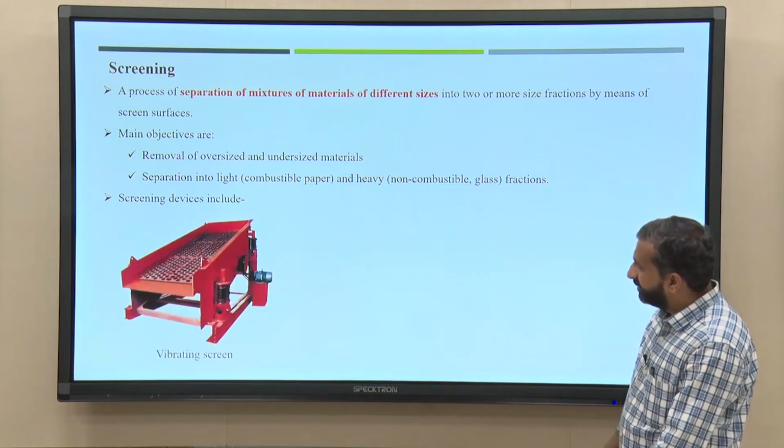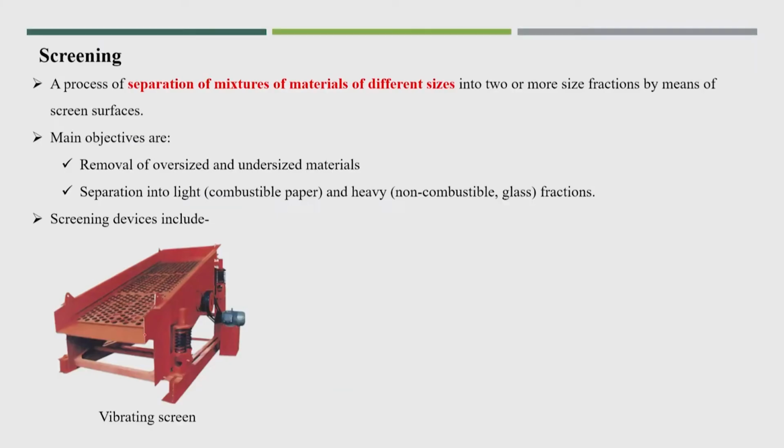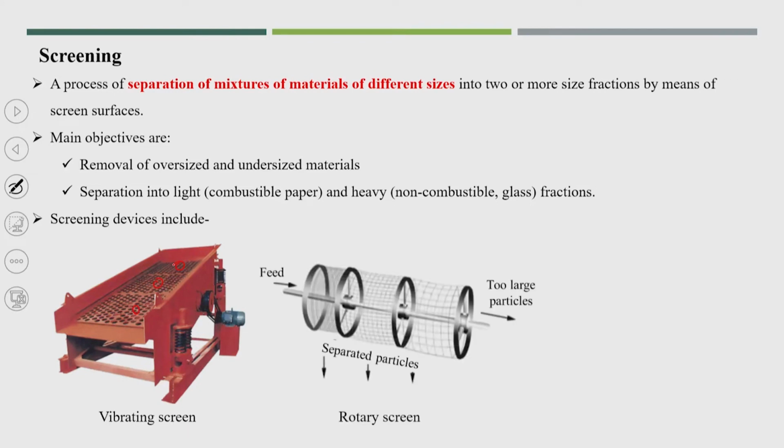So, there are different kinds of screening devices. This is the vibrating screen. You can see here there are different sizes, so different size fractions we can get from the screen. This is another, the rotary screen.